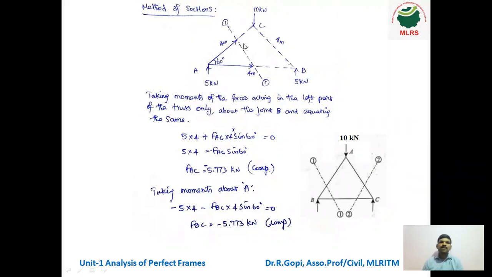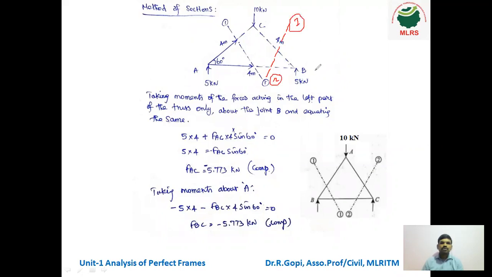Next, draw a second section line. Two members are over, only one member is pending, FBC. For that we have to draw the section line like this.